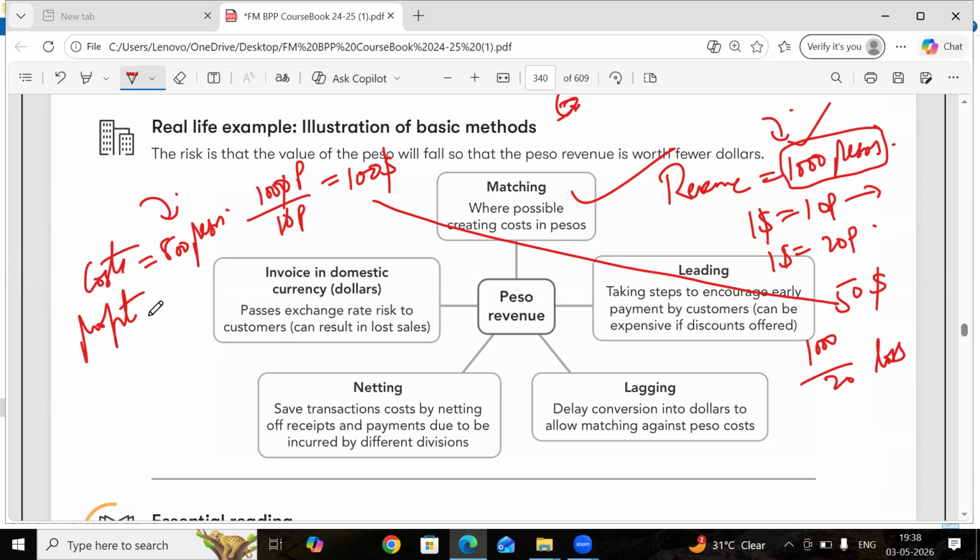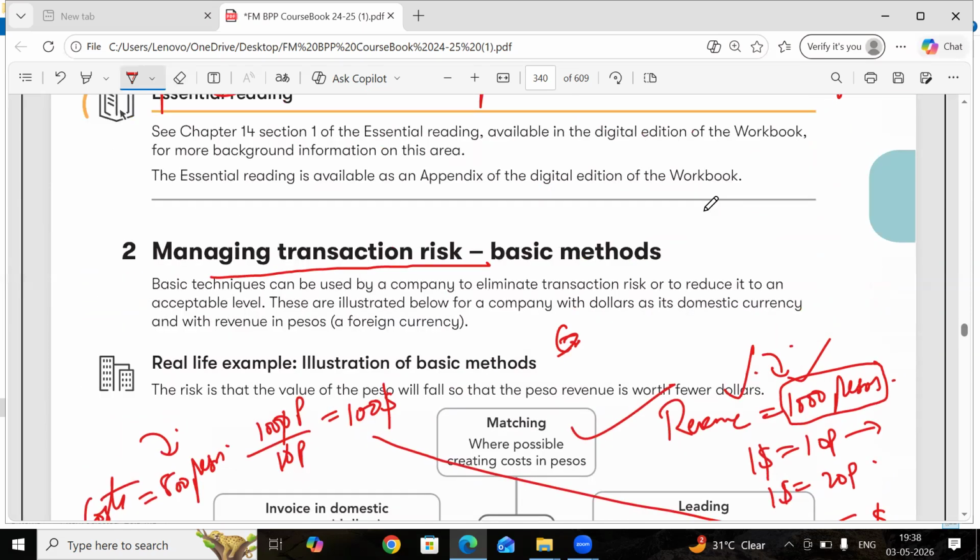Okay. Let's say there's a situation: a company earns peso revenue, but they report in dollars. Peso revenue is in pesos, but they report in dollars, that means in the financial report. So the risk is, if the peso falls, revenue in dollars becomes less.